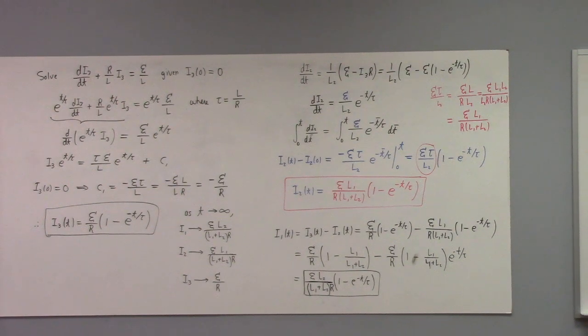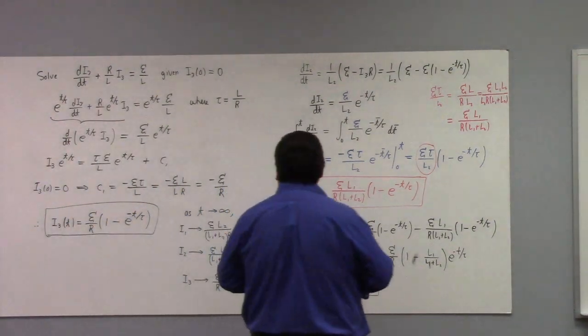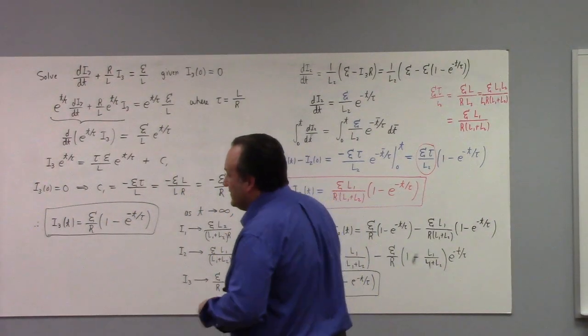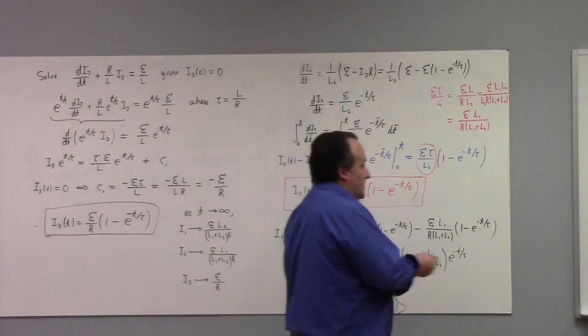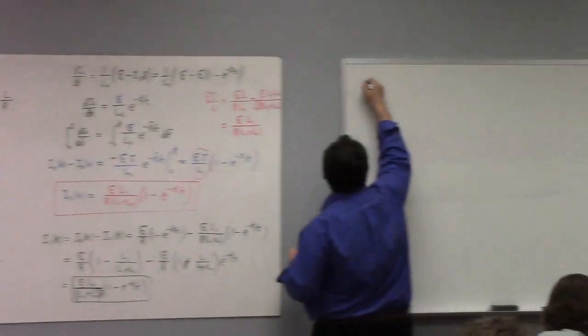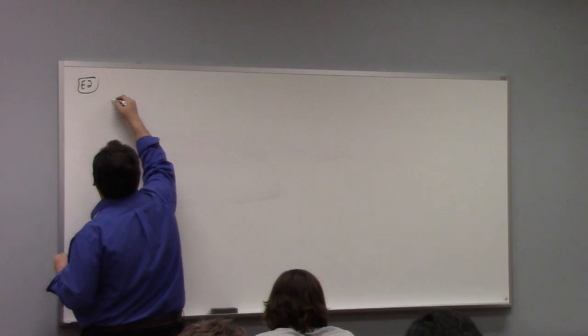So the long and short of it is that equivalent inductors, in fact, do work exactly like equivalent resistors. So let's do a super easy example that's born of this example. Like example 2, suppose you've got the following circuit.